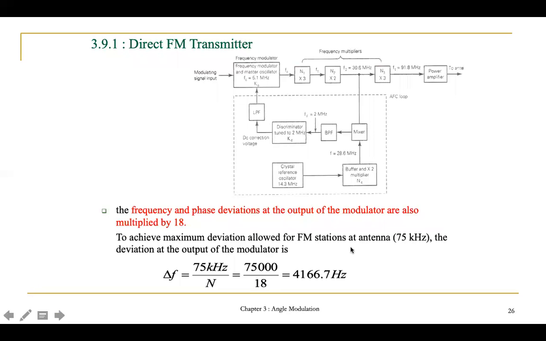So stated here, to achieve the maximum deviation allowed for FM stations at the antenna, which is 75 kilohertz, the deviation at the output of the modulator is delta F equals 75K divided by N. So your frequency deviation is basically 4166.7 Hertz.